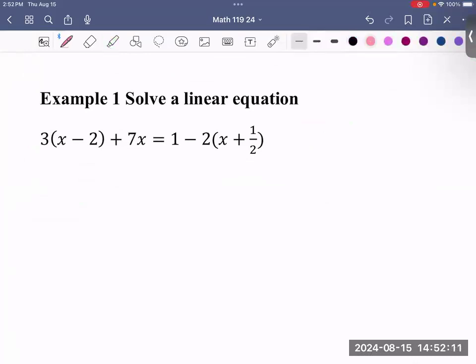Now, the first logical step is that we see these parentheses and we want to get rid of them through distribution. So we can go ahead and distribute that 3 throughout on one side, and again, that -2 throughout the other. So we have 3 times x minus 6 plus 7x on one side, equal to 1 minus 2 times 1/2.